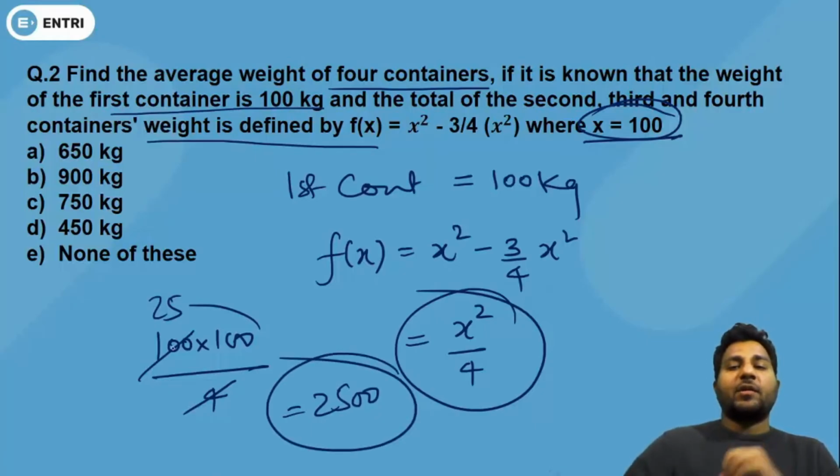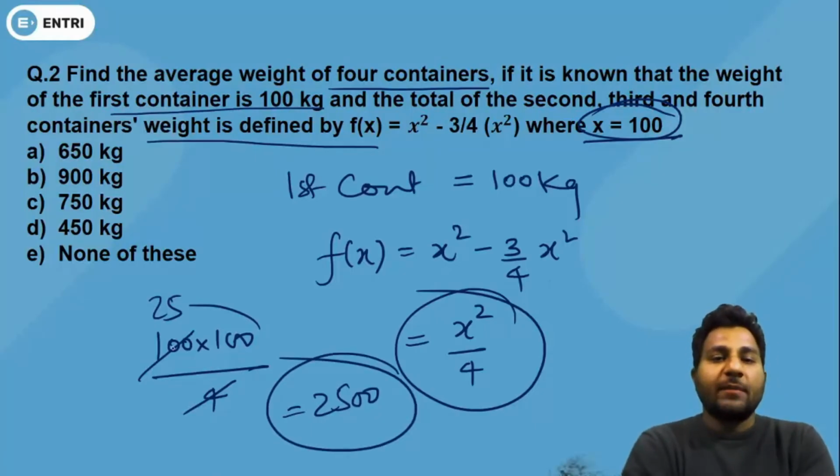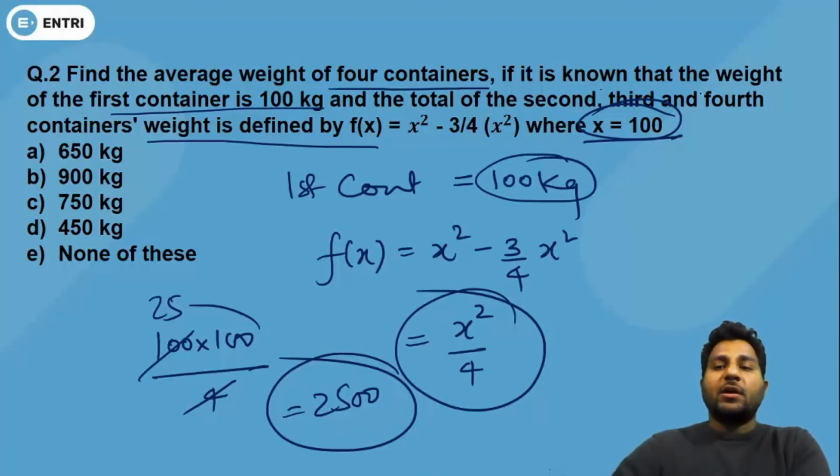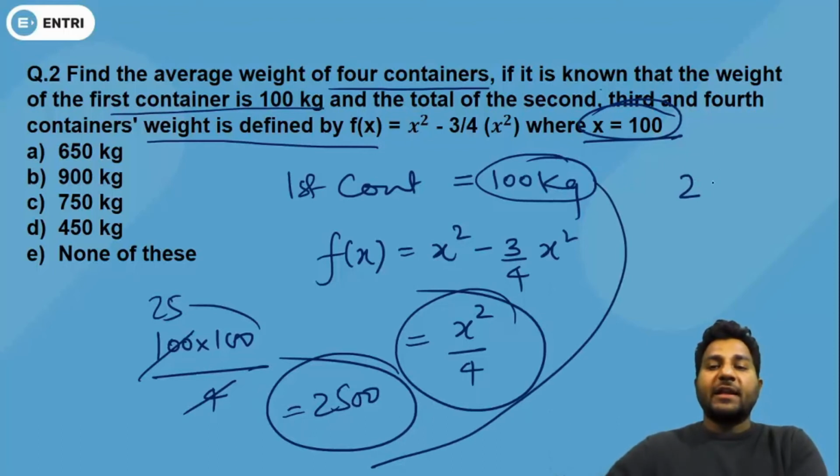Now you have got 2500. They are asking to find the average weight of all 4 containers. The first container had 100 kg, while the second, third and fourth containers will have 2500. If we combine with the first container, it will become 2600.